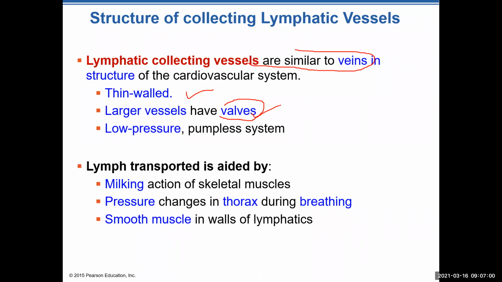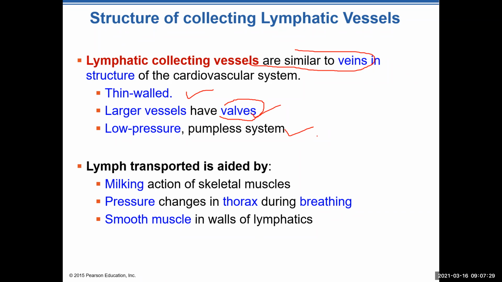So lymphatic vessels are similar to the veins, with low pressure and a pumpless system, but they are more permeable than the veins. They also have valves and are thin walled like the veins.